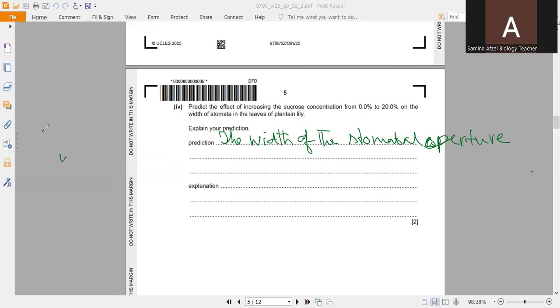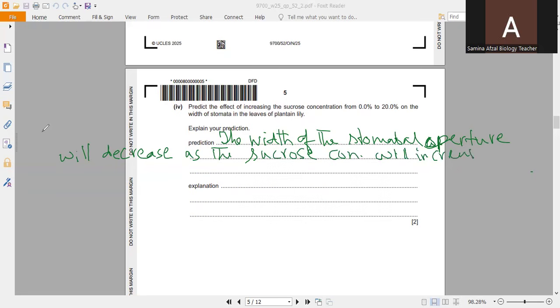The width of the aperture will decrease as the sucrose concentration increases.